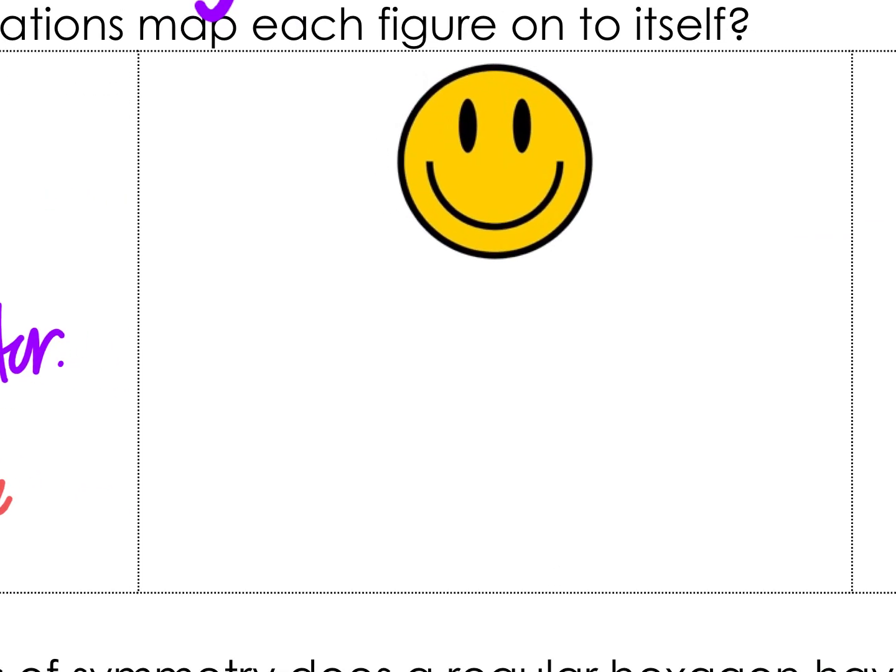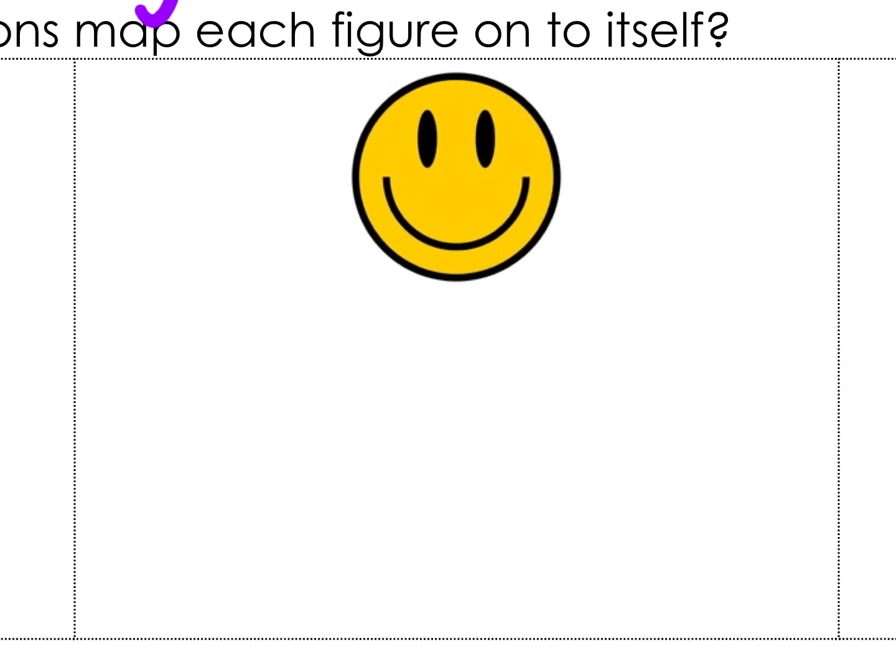Take a look at this smiley face. See if this smiley face drawing has any lines of reflection, or see if it has any reflectional symmetry. Is there any way you could fold that smiley face so that it would land completely on top of itself?